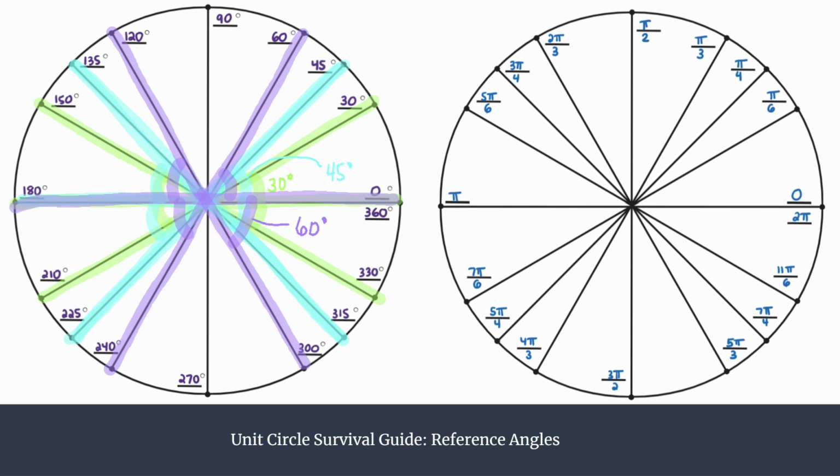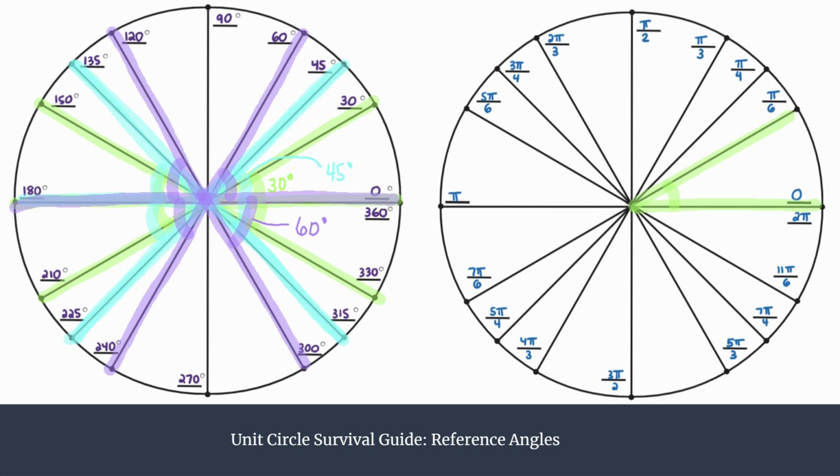Let's take a quick minute to look at the unit circle on the right, labeled in radians. You'll find your reference angles in the exact same way as we did before. Let's look at pi over 6. Here's the terminal side. Here's the x-axis. Our reference angle is just the angle formed by those two. And this time we just give it in radians as our unit.